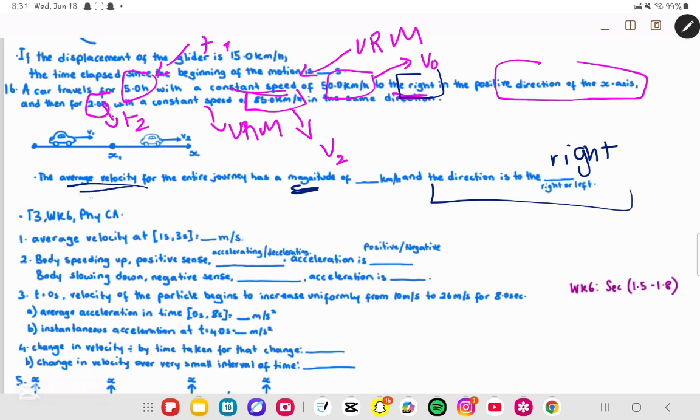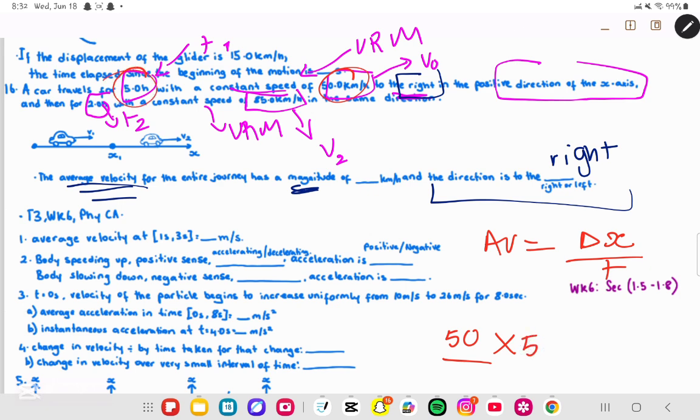Now, how do we find the average velocity? Very simply, what is average velocity? Average velocity is equal to the total displacement over the time. So we're going to find the total displacement by taking 50 kilometers per hour, which is velocity initial, and multiplying it by the time, which is 5 hours.